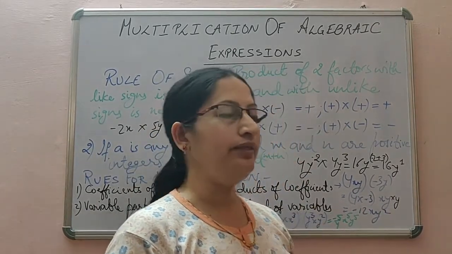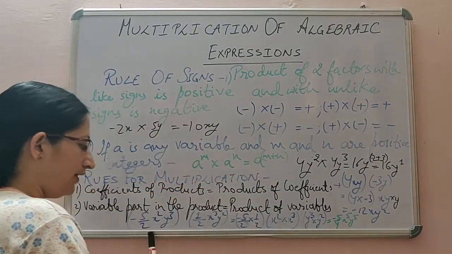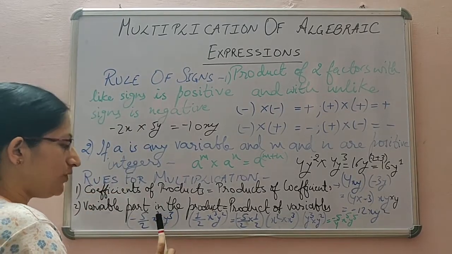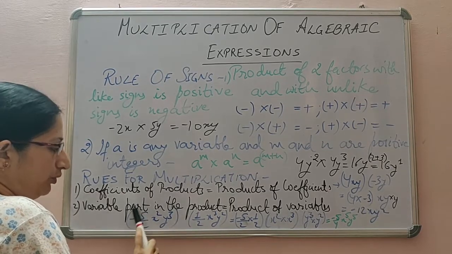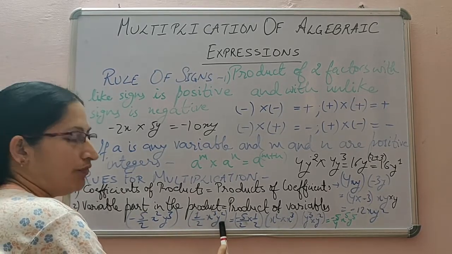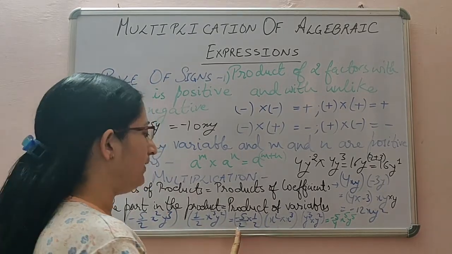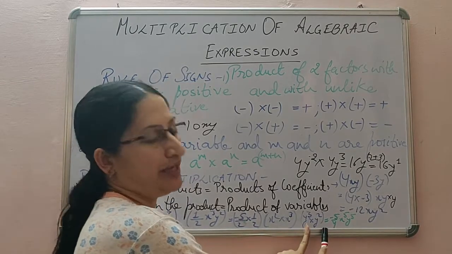We will understand this by another algebraic expression, multiplication of two other monomials: minus 5 by 2 x square y cube is one monomial and the other is 1 by 2 x cube y square. So in the product, we will bring the numerical part together and variables of similar type together.